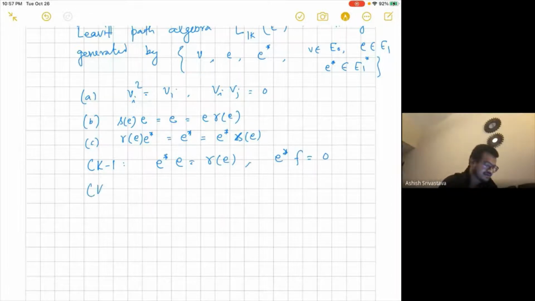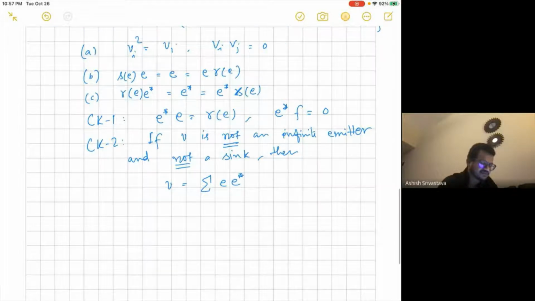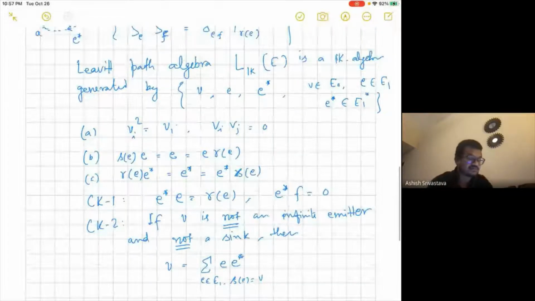And the Cuntz-Krieger 2 condition: if V is not an infinite emitter and not a sink, then V is the sum of E E star over all the edges E in E1 with source of E equal to V, right? Does that make sense? So this is what the Leavitt path algebra means.